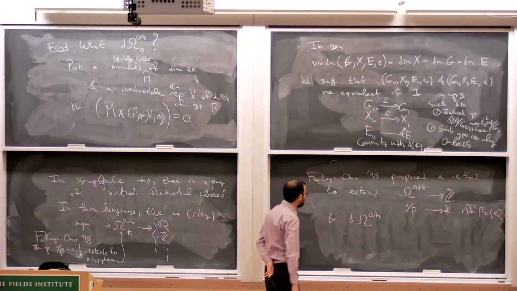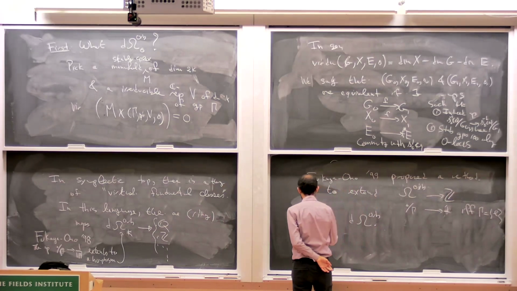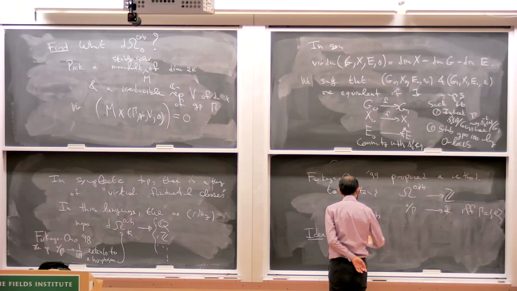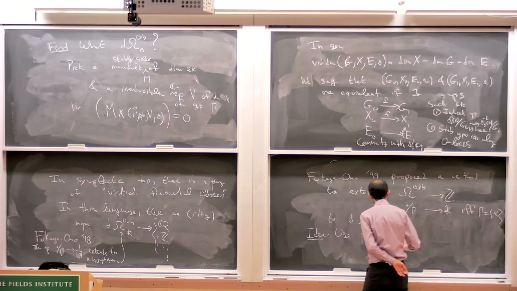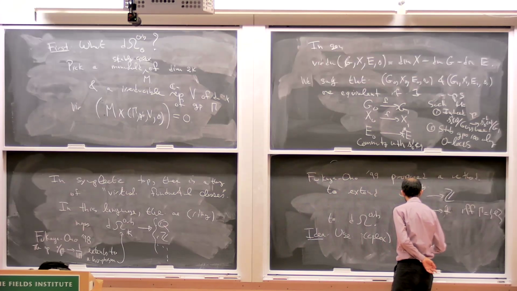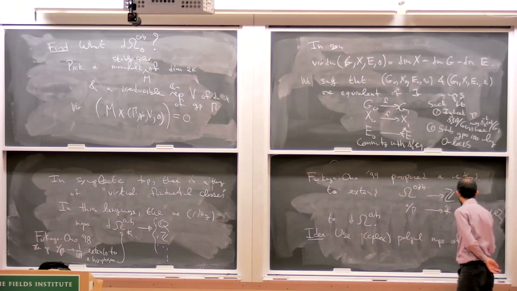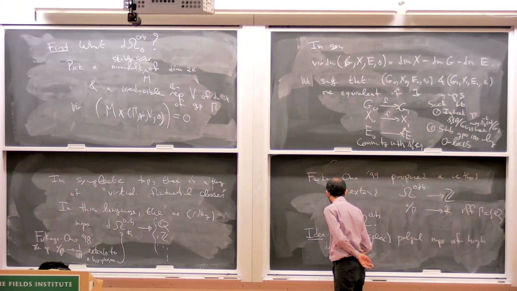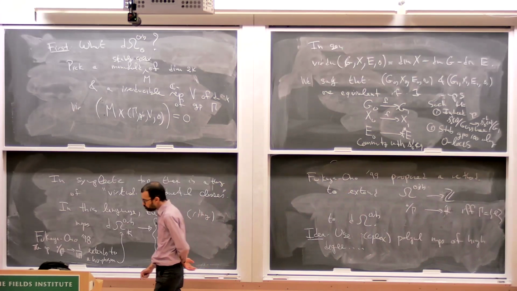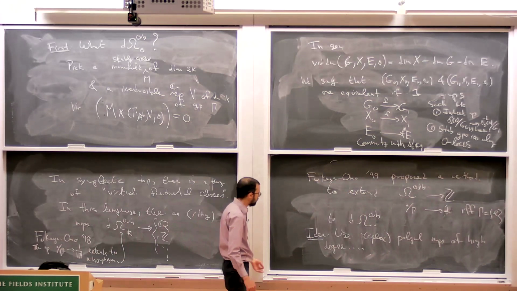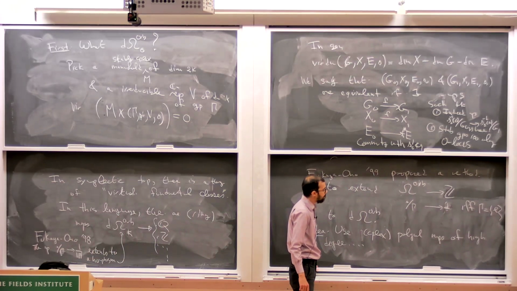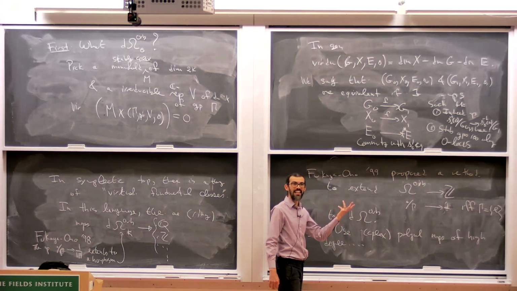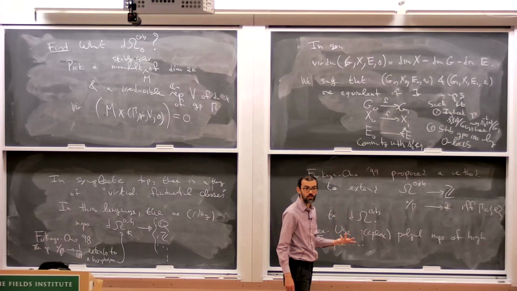And the idea is that you can always use complex polynomial maps of high degree. So in some sense, there is some maximal amount of transversality that representation theory allows you to achieve.